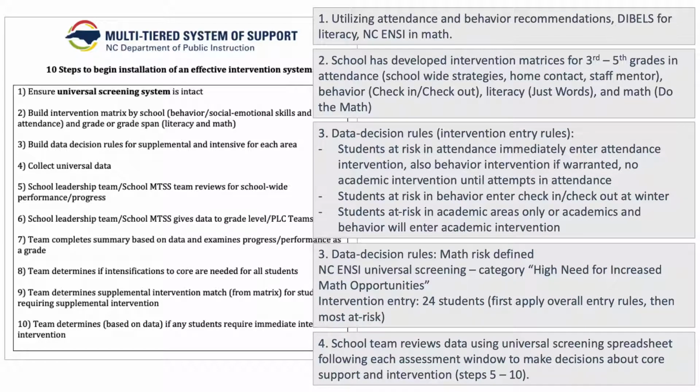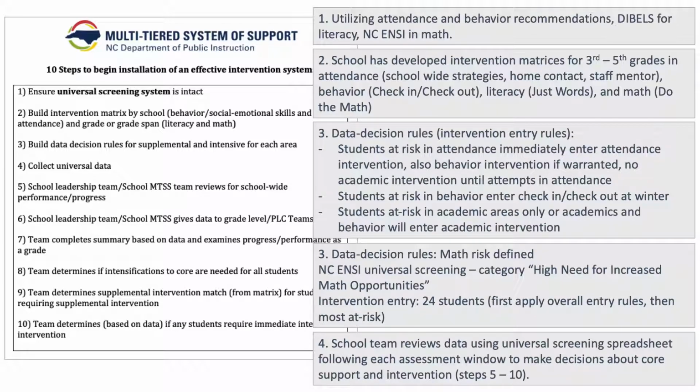As you've seen, to have an effective intervention system, we need universal screening, an intervention matrix, and data decision rules. We will quickly review this school team's work up to this point and then join the team for their work in applying some data analysis and data decision rules.